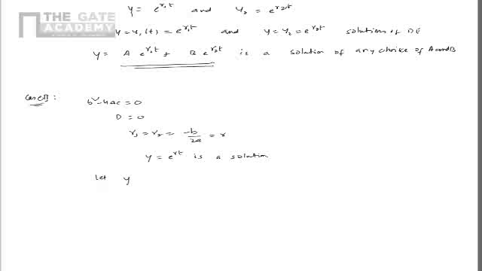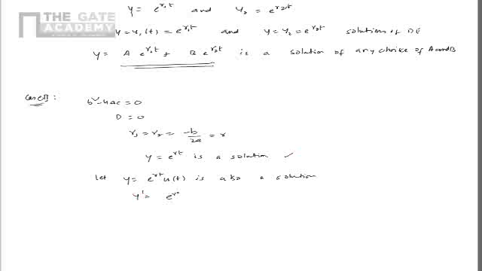Now let's say y equal to e power rt times u of t is also a solution. This is one assumption, because we got one solution but it has to have two solutions. So let's take this to be the given solution and substitute it back into the given equation.